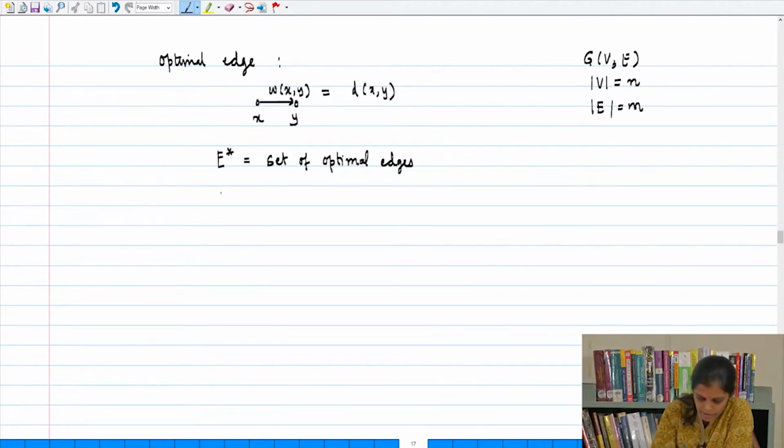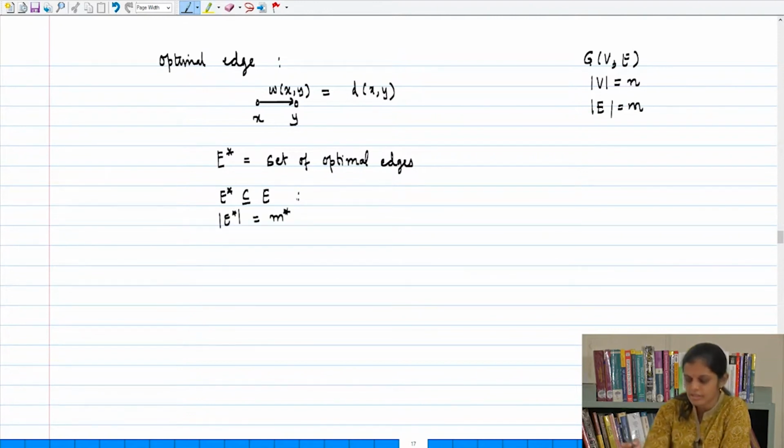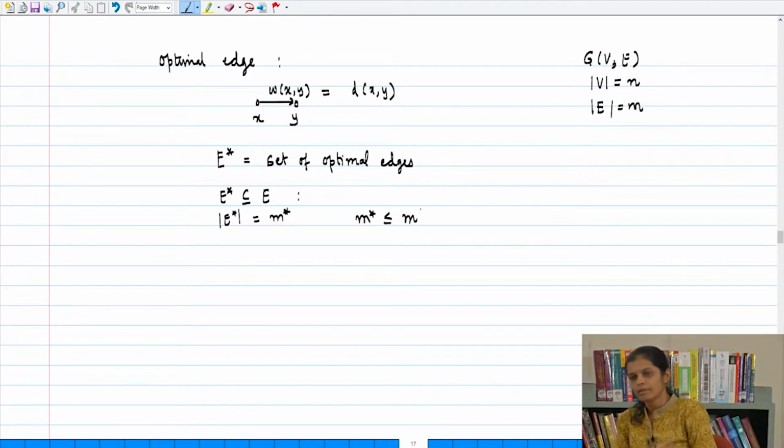Just by the definition, E star is a subset of E, and we will call the cardinality of E star m star, the number of edges which are optimal edges. So m star is typically less than m. It could also be m, but it could be significantly less than m, because there may be very few edges which are optimal edges.